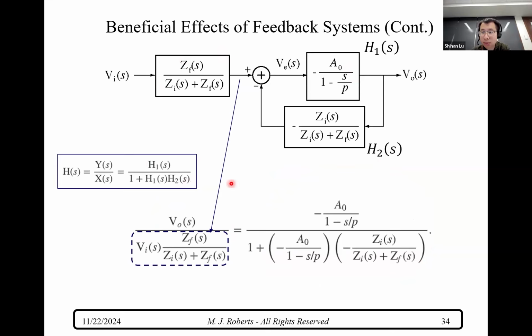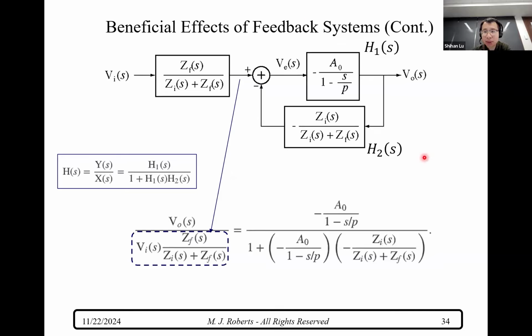Block diagram is one of the most important ways to describe a system, right? As we talked about, there are multiple ways to describe a system: block diagram, differential equation, state space model. All of those are different representations to describe a system.